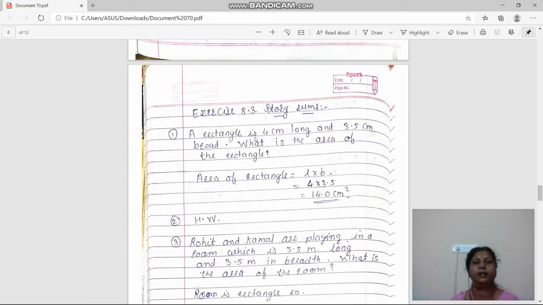A rectangle has 4 centimeter length and 3.5 centimeter breadth. What is the area of the rectangle? You have to know the formula. Area of rectangle is equal to length into breadth. So 4 multiplied by 3.5. It is 14.0 centimeter square.